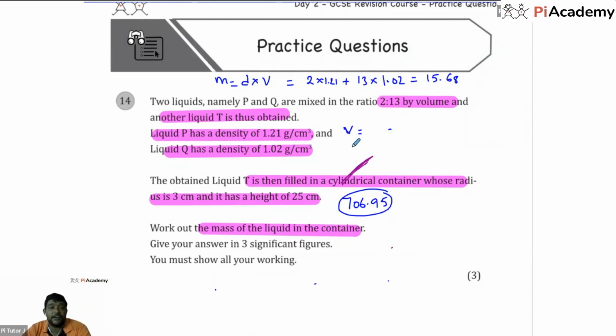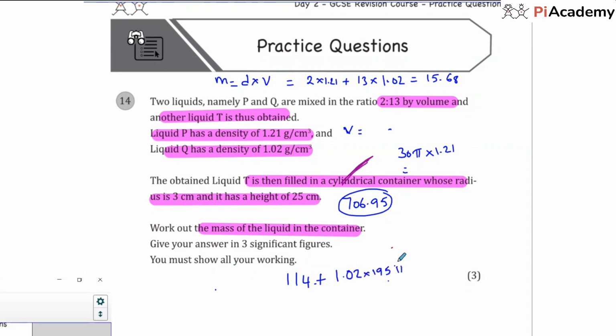And then I found 30 pi times 1.21, which is approximately 114 grams. And then I did 1.02 times 195 pi, which is 624.